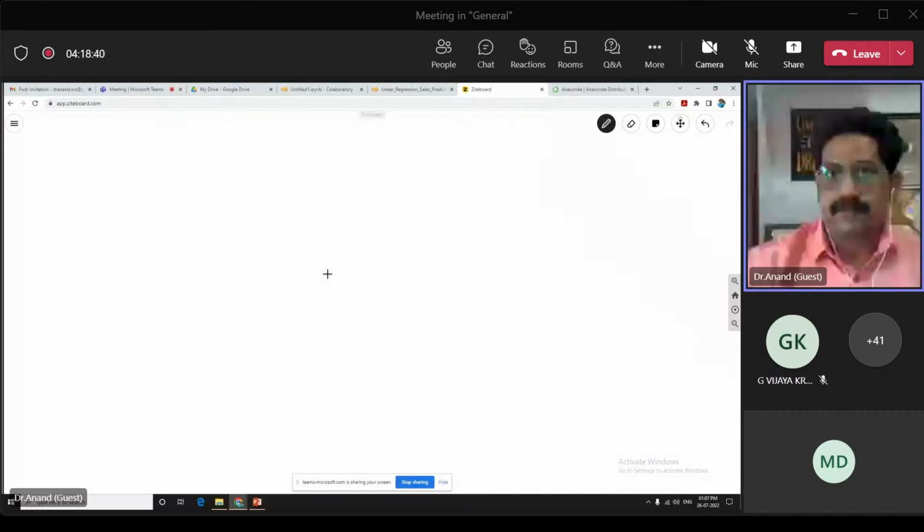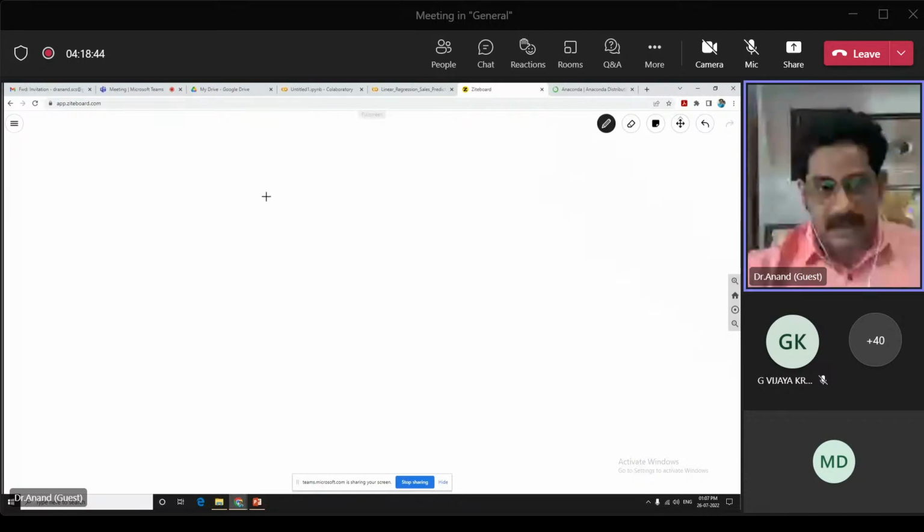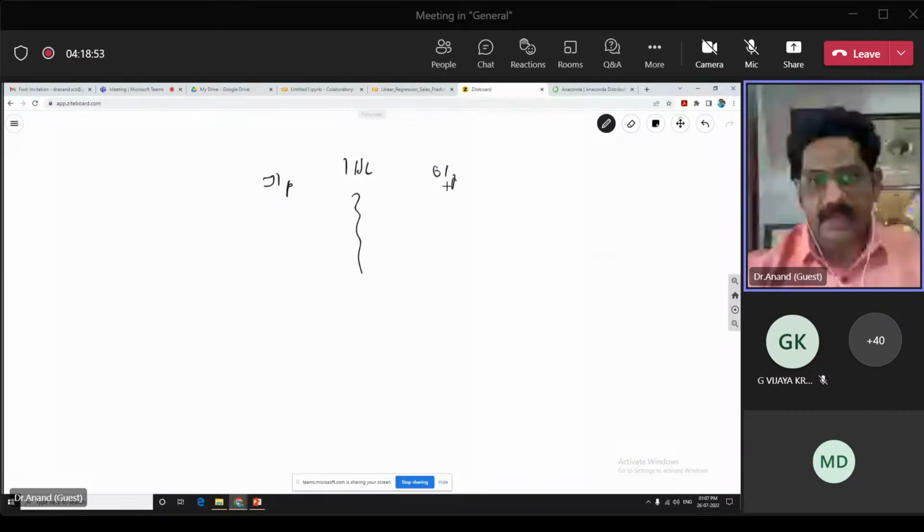Can you repeat your performance measures? Yes, performance measures. See, for example, you are solving a nonlinear problem with an input, one hidden layer, and output architecture.